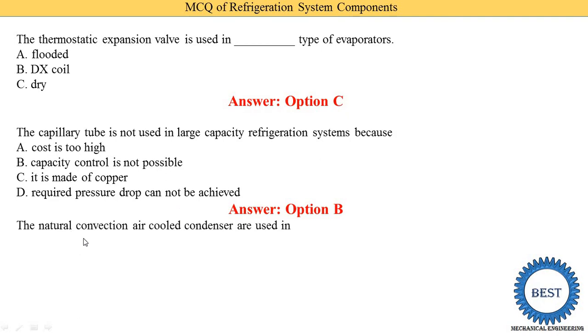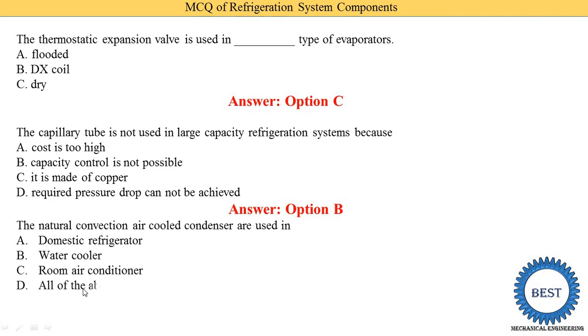The natural convection air-cooled condenser is used in... Natural convection means no fan is used for cooling the condenser. The options are: domestic refrigerators, water cooler, room air conditioner, and all of the above. Domestic refrigerator means the fridge in our homes. In a fridge, no fan is used to remove heat from the condenser.